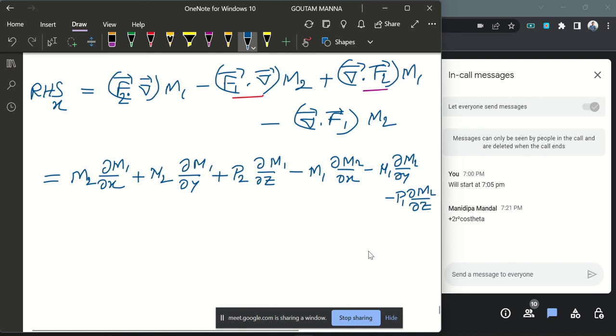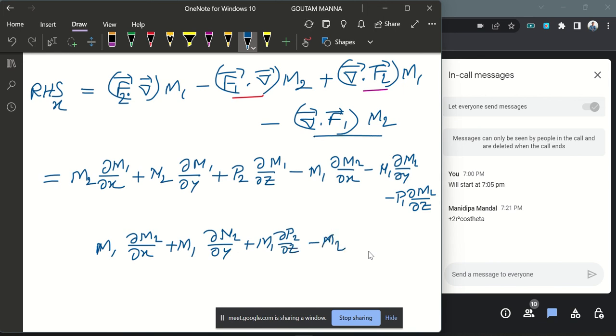so it will be M1 times del M2 del x plus M1 times del N2 del y plus M1 times del P2 del z, minus this term, so it will be M2 times del M1 del x minus M2 times del N1 del y minus M2 times del P1 del z.